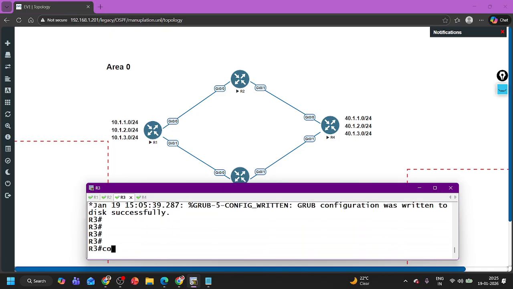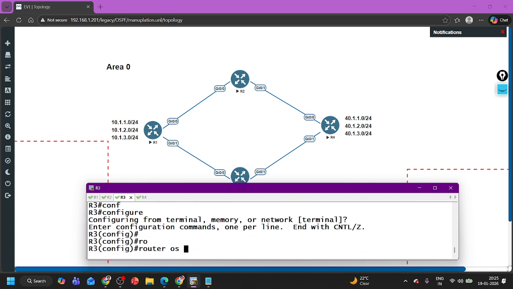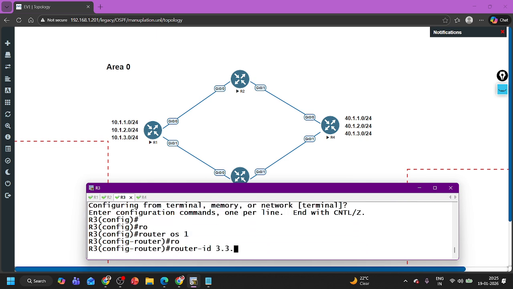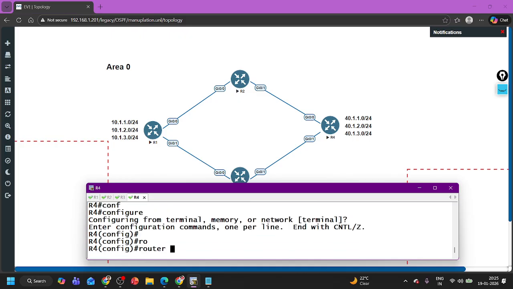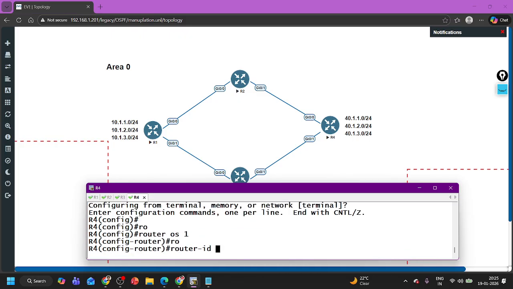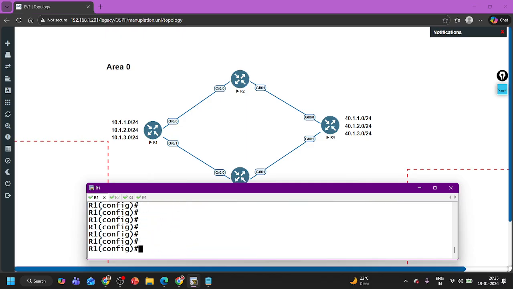Router 3, router OSPF 1, router ID 3.3.3.3. And router 4, router OSPF 1, router ID 4.4.4.4.